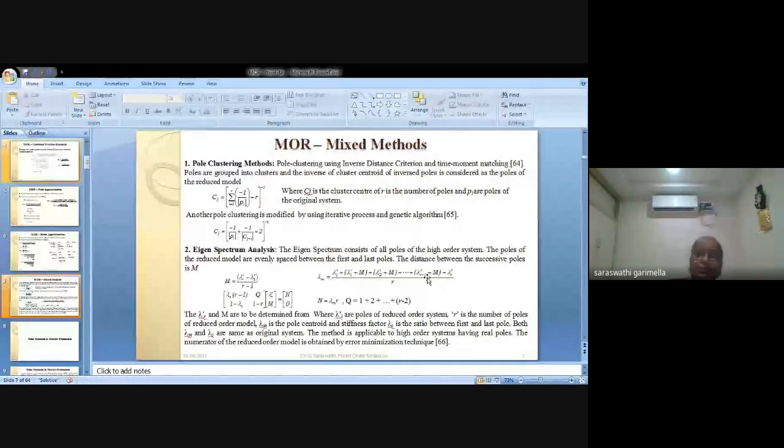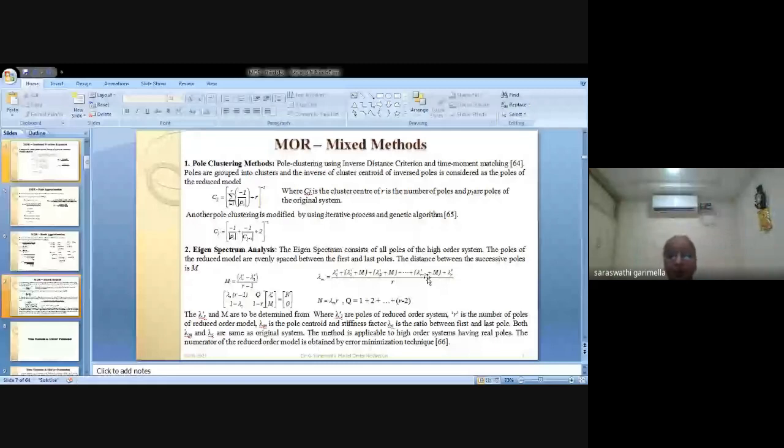What he did is he took the lowest eigenvalue and the highest eigenvalue as a zone, retained those extreme eigenvalues, and called it a stiffness factor.